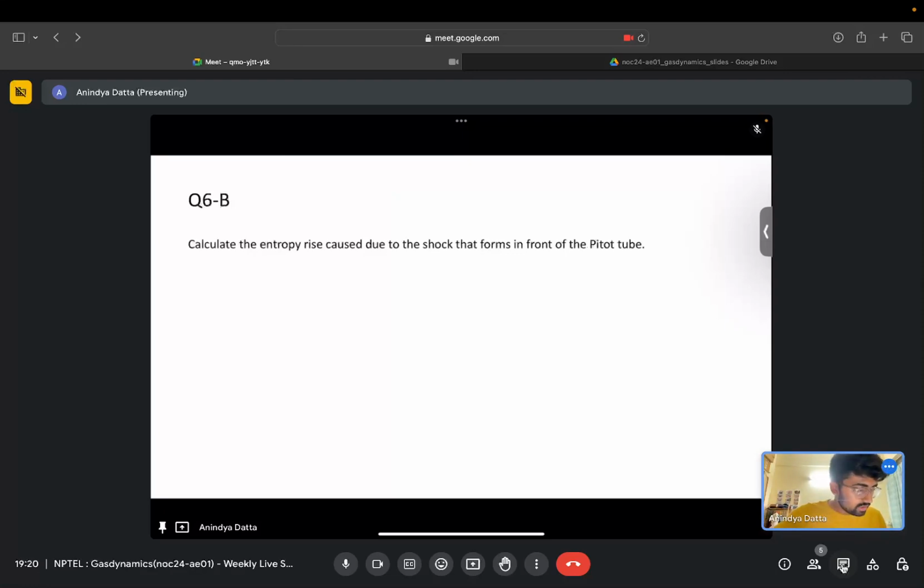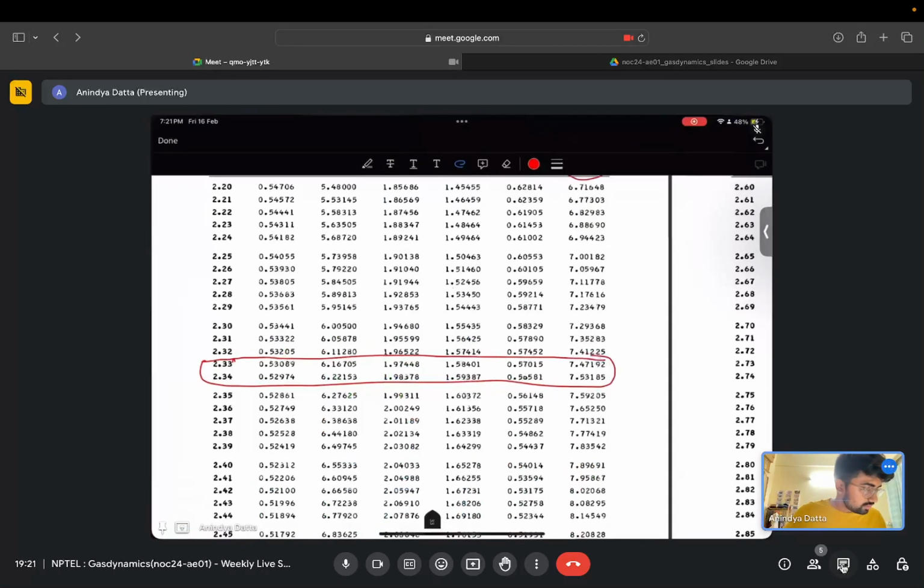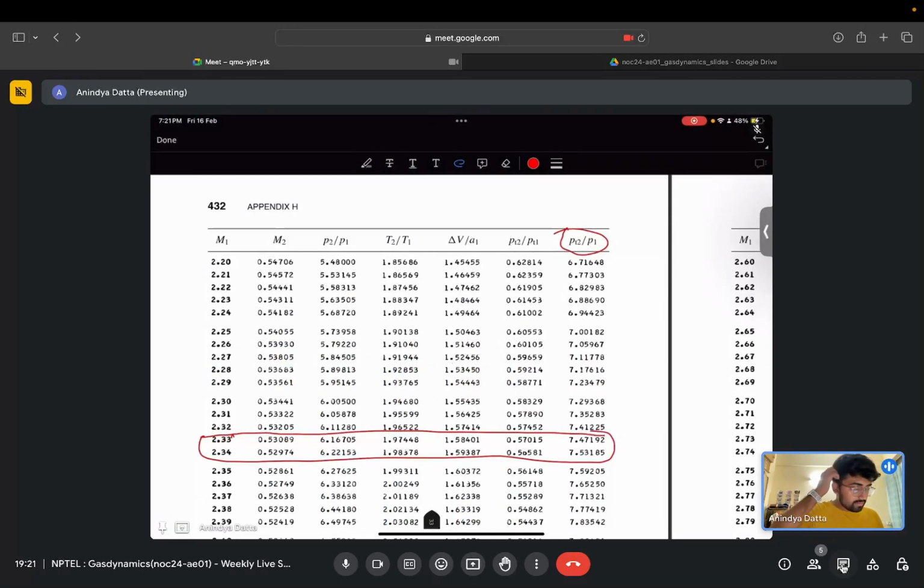So the second part of the problem is to compute the entropy rise caused due to the shock that forms in front of the pitot tube. So we need to find out delta S, and that we know is minus R ln P02 by P01. Again we come back to the gas table. P02 by P01 is in the sixth column, the second last column.